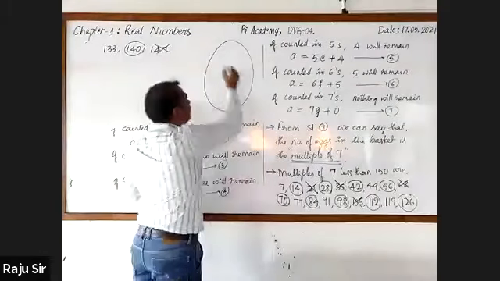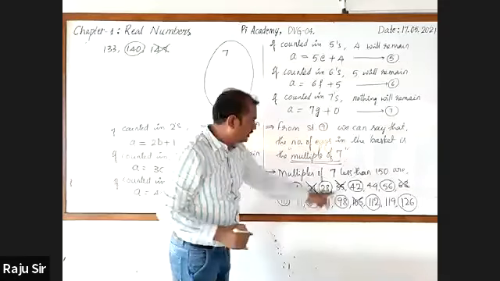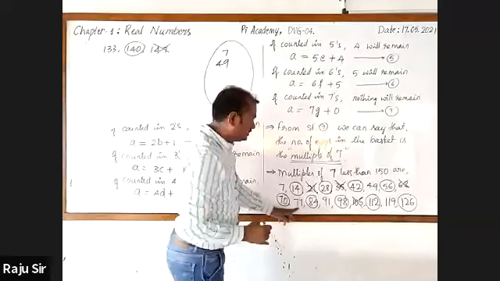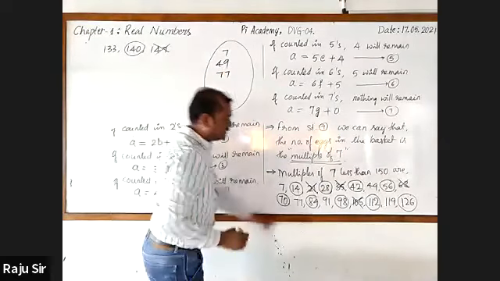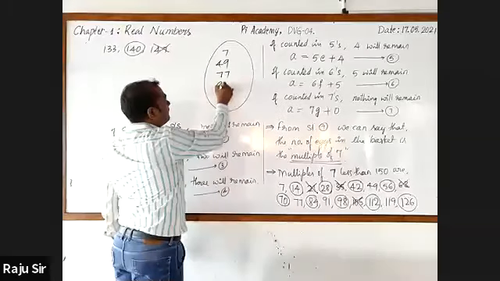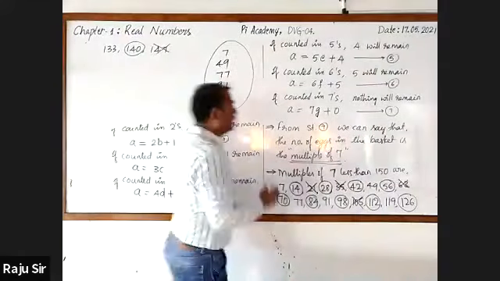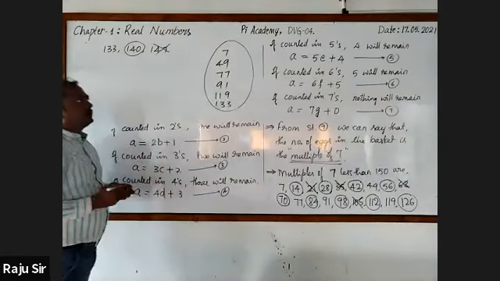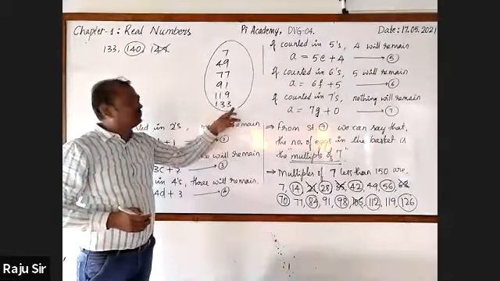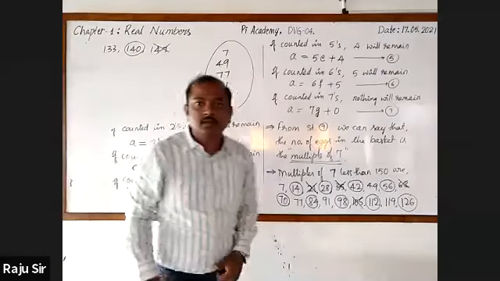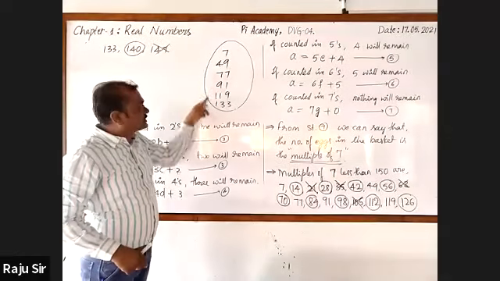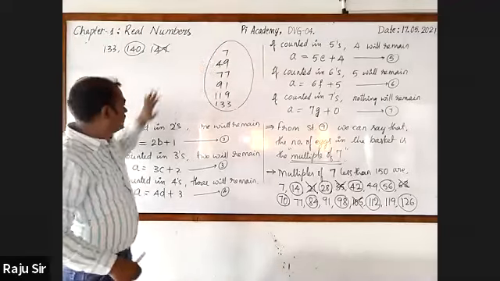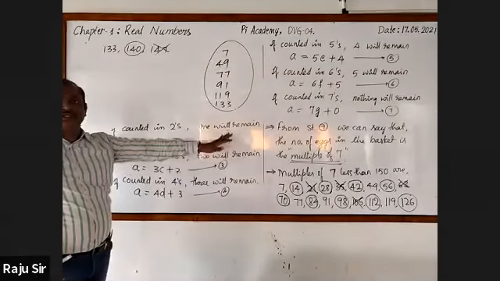They are: 7, 49, 77, 91, 119, and 133. So among these 6 numbers, one will satisfy all these conditions. We have to identify that number.